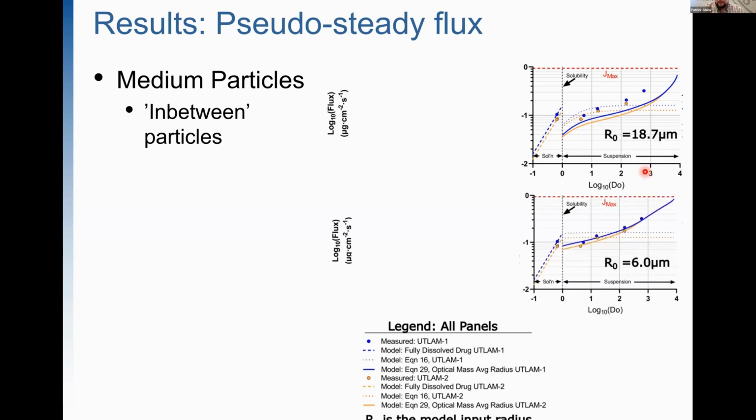So when we looked at the number average radius for this distribution, we saw that our predictions lined up beautifully with the observed data, indicating that, at least during steady state processes, the smaller particle radii likely dominate the dissolution process and also the permeation process.